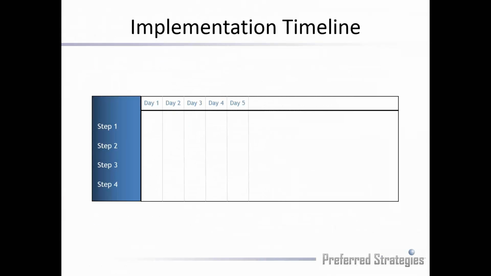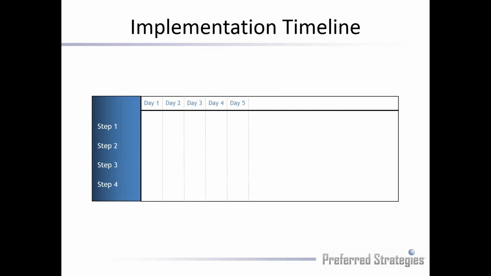So, implementation timeline. BusinessObjects is BI reporting software that runs on a web server, and typically most companies run this on a virtual server. If you want any information about hardware requirements, we'd be happy to share it. So that's where it runs.